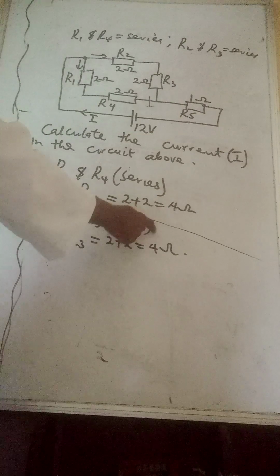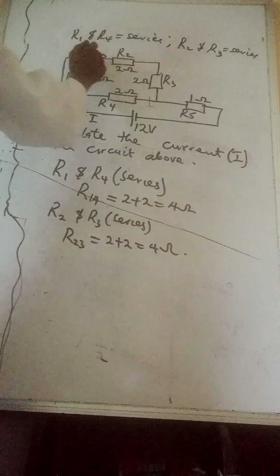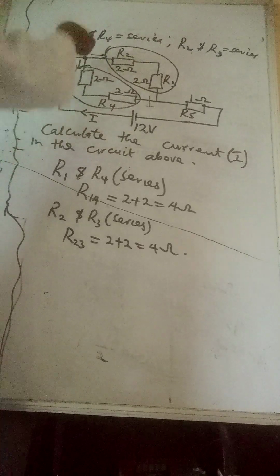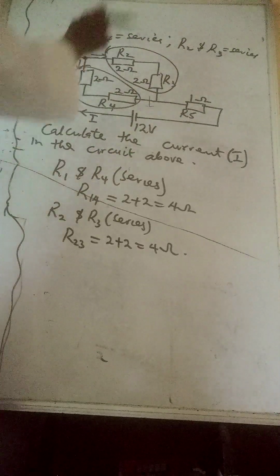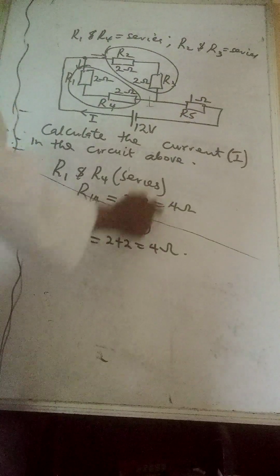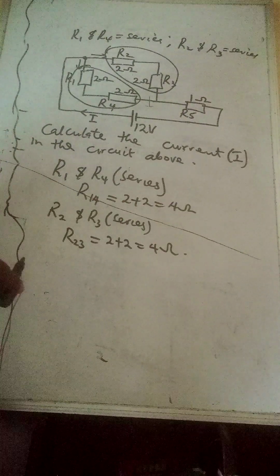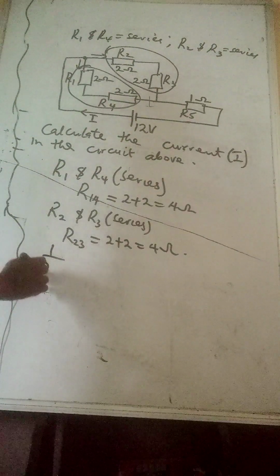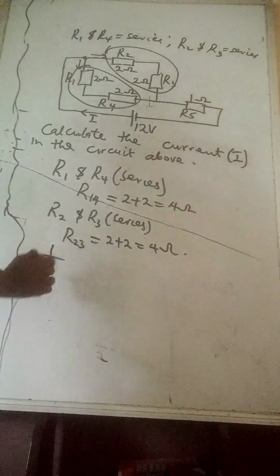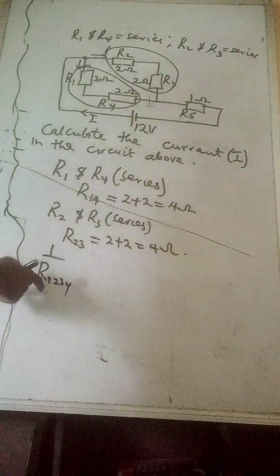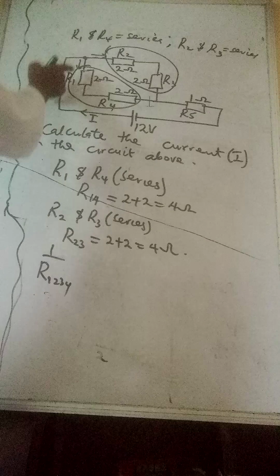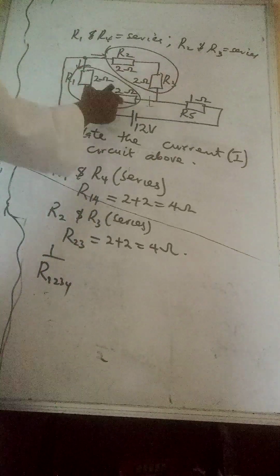Added together, 4. So definitely, since the whole of this one and this one are in parallel, I'm going to add these two together now using the parallel formula. The parallel formula will be 1 over R1234, I'm using 1234 to explain that I'm finding the resistance that combines R1, R2, R3, R4 together.